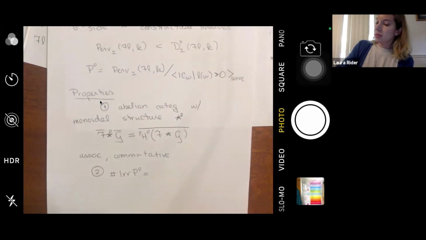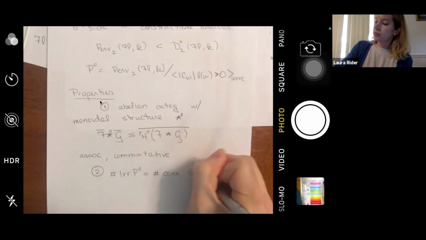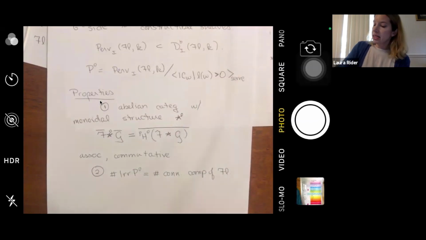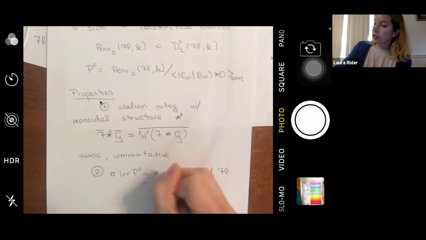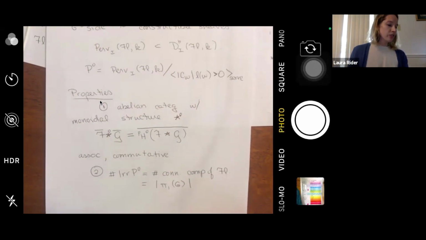So that's going to be the same as the number of connected components of the affine flag variety, and this is the same as the size of the fundamental group of G. All right, so this is the category that we're dealing with.